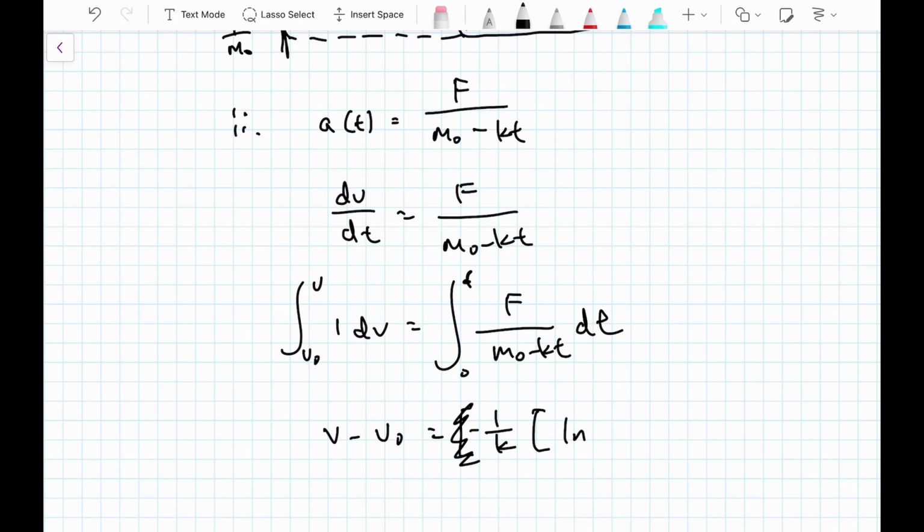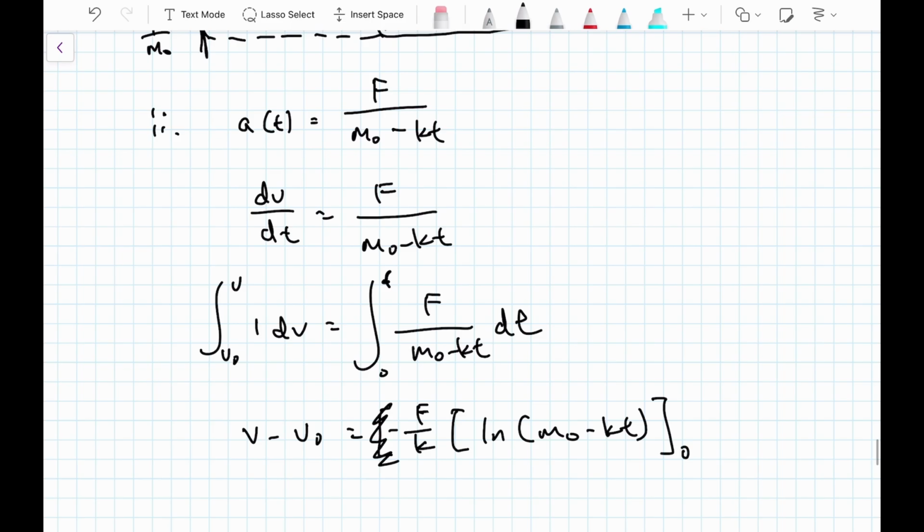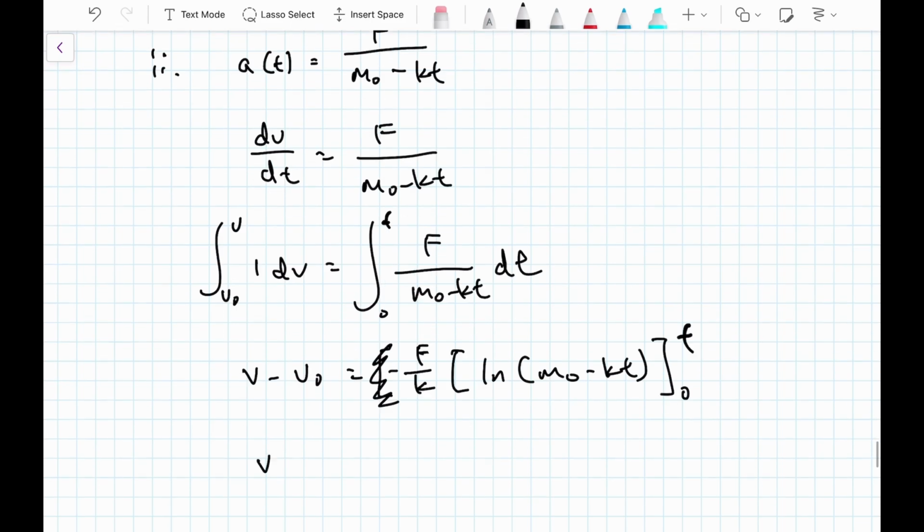F is constant, so we get F out. And then inside is ln of mp minus kt, from 0 to t. So we get v is basically equal to v0.